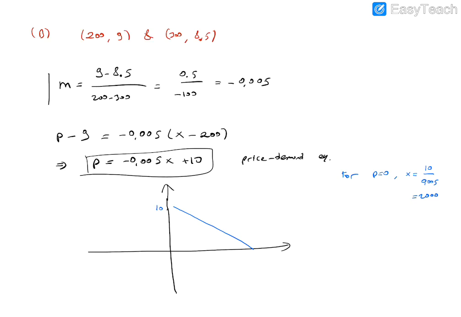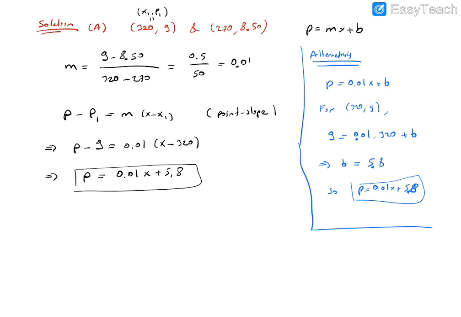Let's show it this way. This is 10, and we don't show this part because the price is never 0. So this is 2000. And let's sketch the graph of the price supply equation.